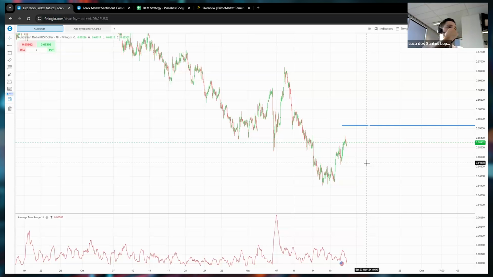So we have to wait for this position to get triggered, see how big it is, and then we can close the position and enter into the market manually.